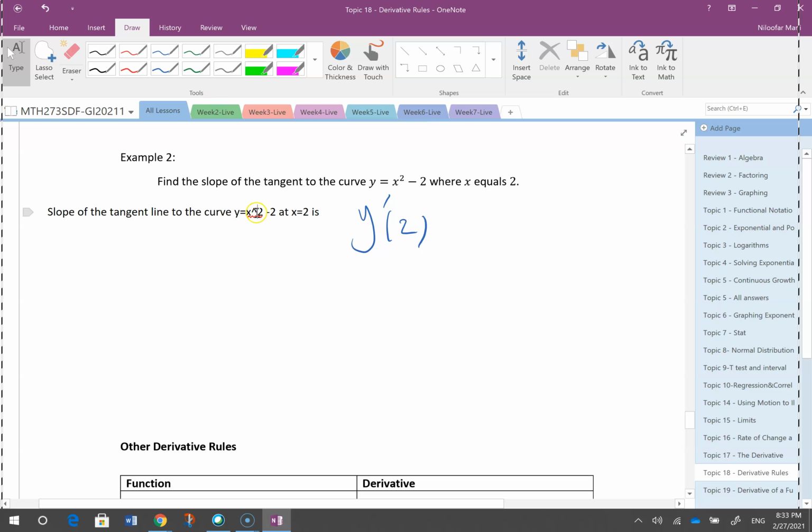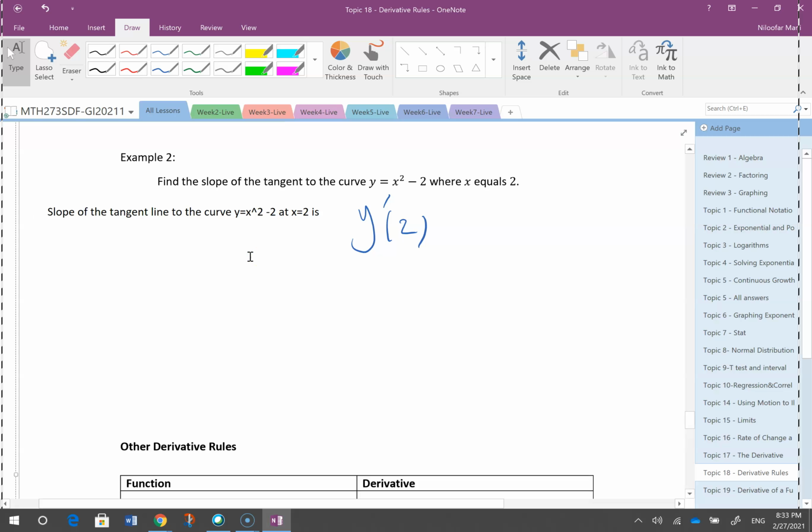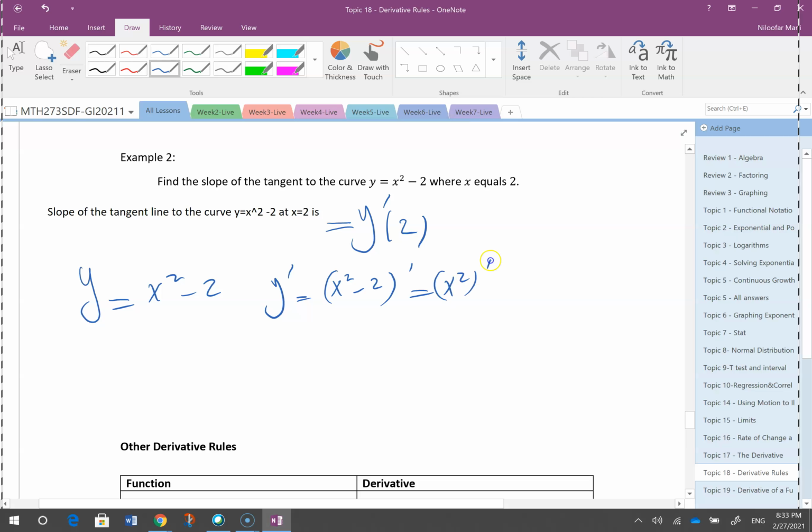I need to find the derivative, and then that's it. I just substitute 2. That's the slope of the tangent line. So, y is x squared minus 2. Y prime is the derivative of x squared minus 2, which is the derivative of the first minus the derivative of the second, which is 2x minus 0.